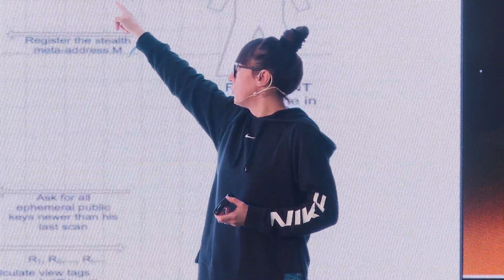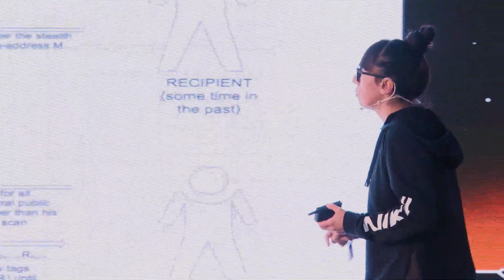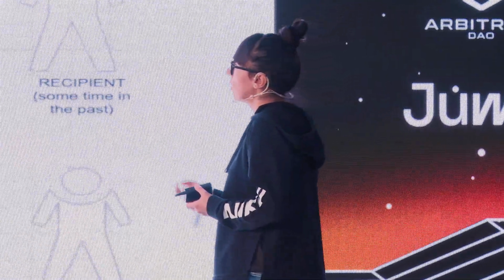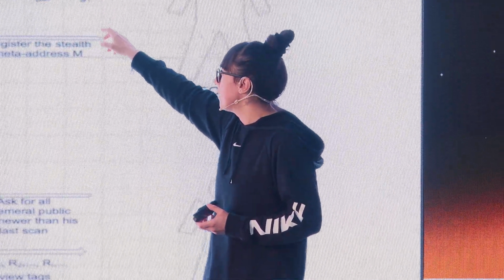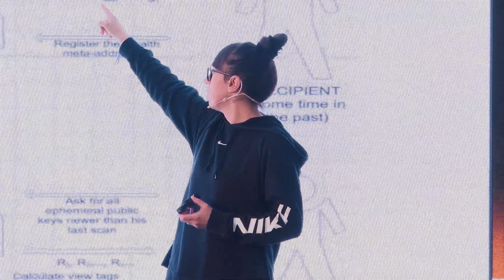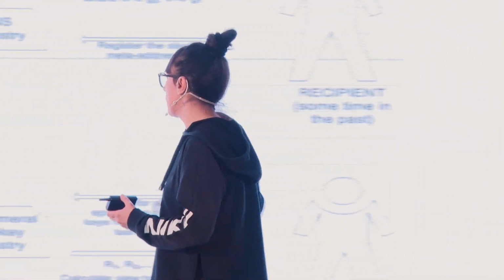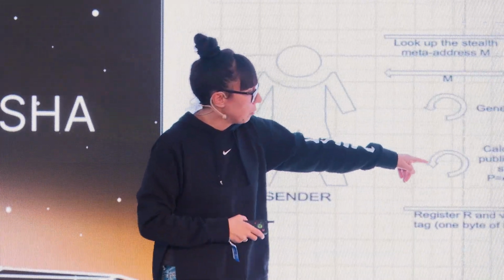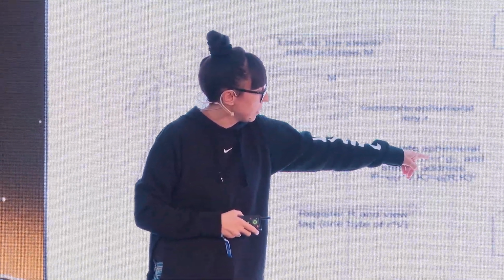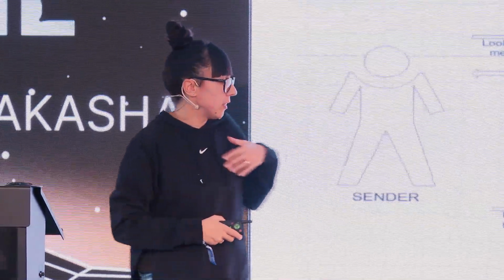And this is the viewing key, and he will obtain big V as a result of multiplying little v with the generator point on the first subgroup on the elliptic curve. So it is important that the spending key we multiply with the generator point on the second subgroup, but the viewing key and the public key of Alice we obtain as a result of multiplication with the generator point from the first subgroup on the elliptic curve.